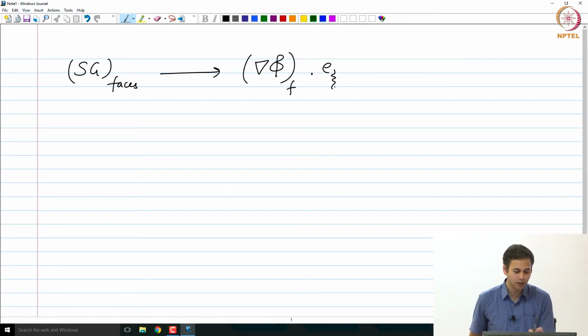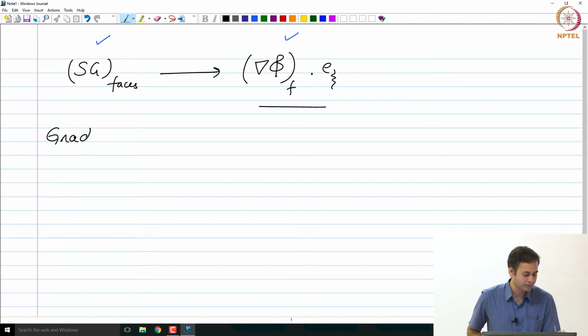So this is a gradient on the phase in the phase normal direction, that is what we wanted to calculate. If we can calculate this, then the secondary gradient can be evaluated accordingly, right. So today we are going to look at gradient calculation.